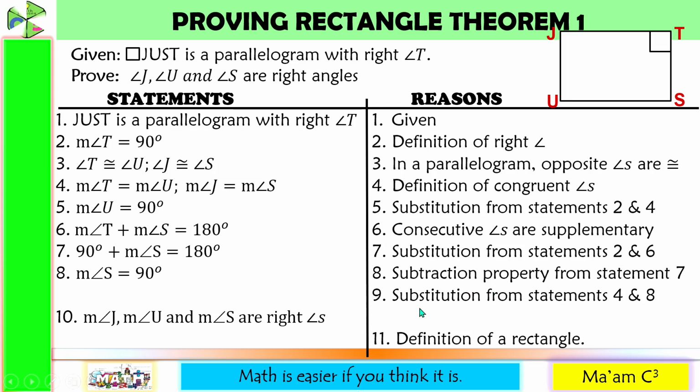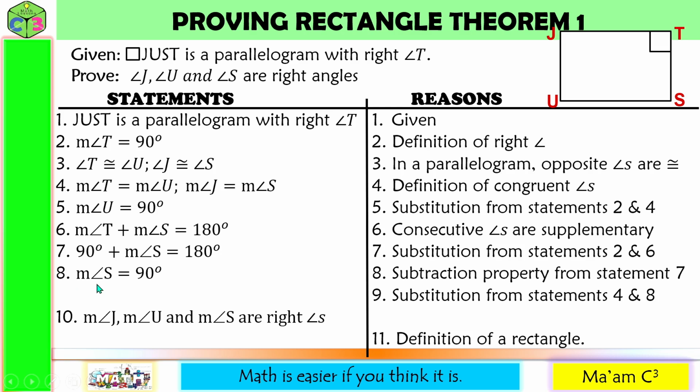Next, the reason given here is substitution from statements 4 and 8. So let us see. Statement 8 says that the measurement of angle S is 90 degrees. And in statement 4, the measurement of angle S is equal to the measurement of angle J. So if the reason is substitution, then it follows that the measure of angle J is 90 degrees as well.